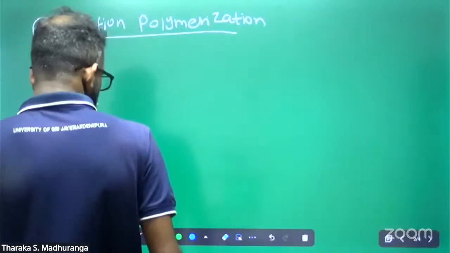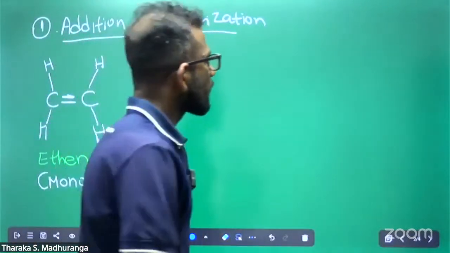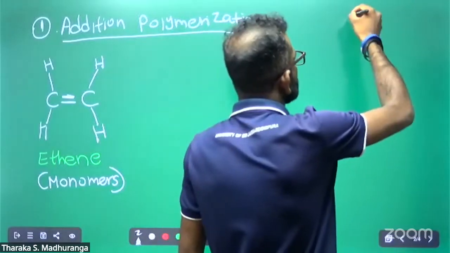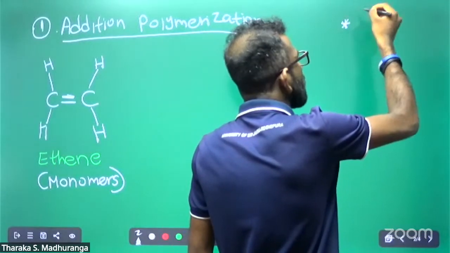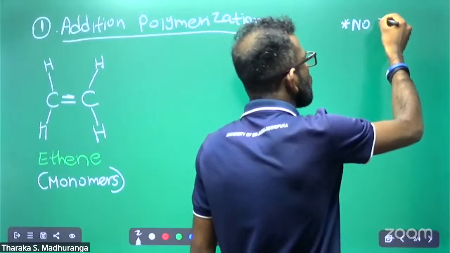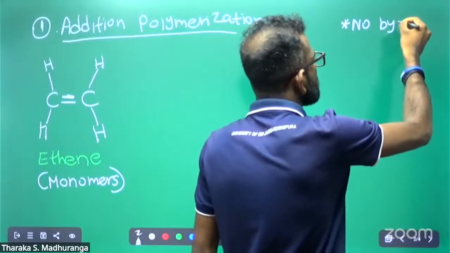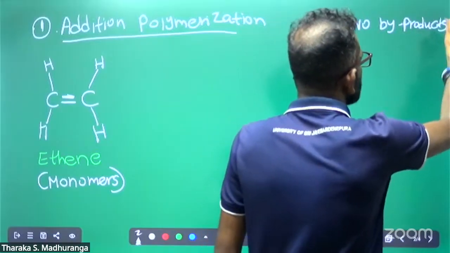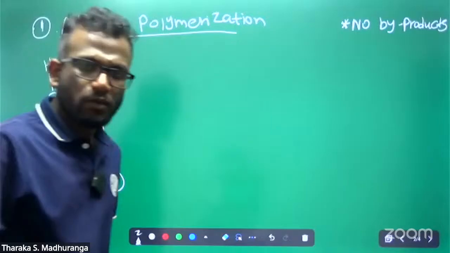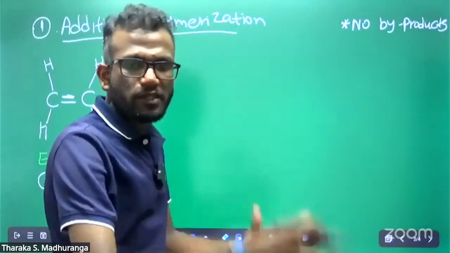In addition polymerization, I will write the characteristics of addition polymers on this side. Addition polymers: no byproducts. Remember these things. No byproducts; nothing is removed in the polymerization process.